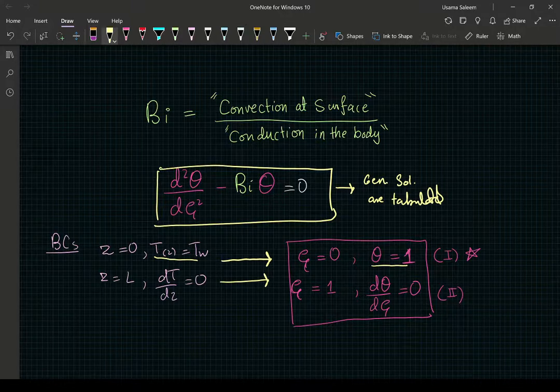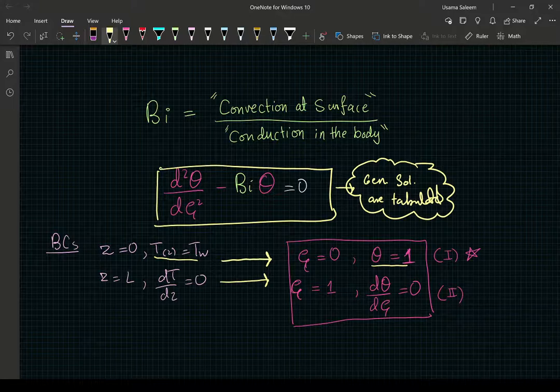So we're going to use the general solution. Any good differential equations textbook will have an appendix where you have all the nice solutions. This is a linear homogeneous differential equation, and those have been solved by people who are way smarter than I am.